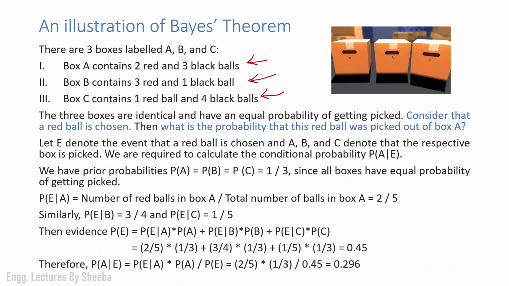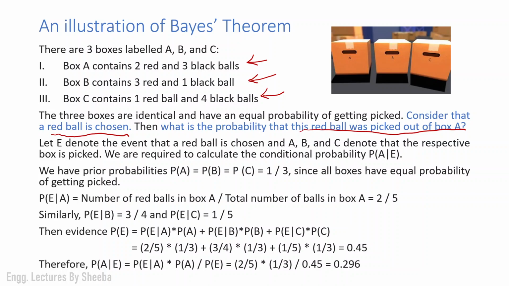So the event you are considering is the red ball. We are choosing the red ball, and we are going to find the probability that this red ball is chosen from box A. Let us call this event E: the red ball is chosen, and we want to know whether that chosen ball is from box A. As you know, there are three boxes, all identical.